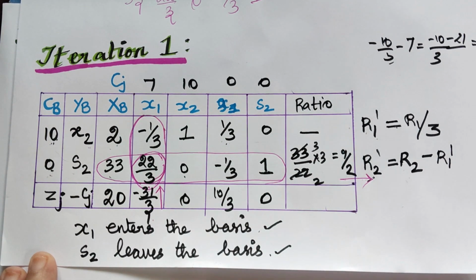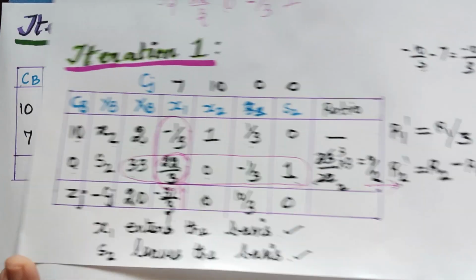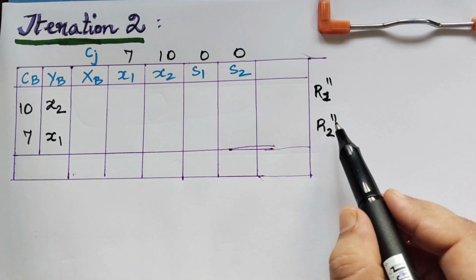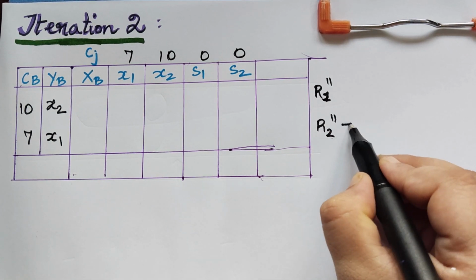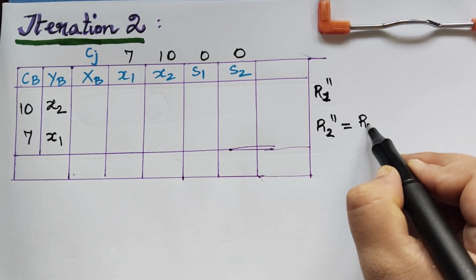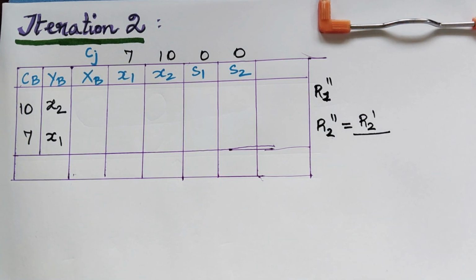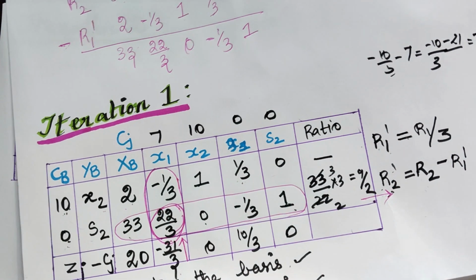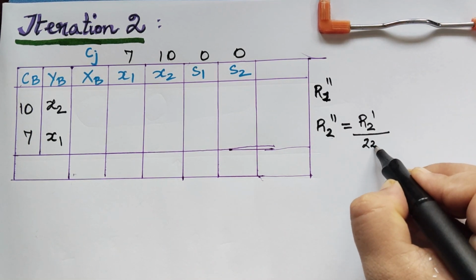What is the old pivotal equation? It is R2 dash. The new pivotal equation is R2 double dash, which we have to find. So the new pivotal equation R2 double dash is equal to the old pivotal equation R2 dash divided by the pivotal element, which is 22 by 3.